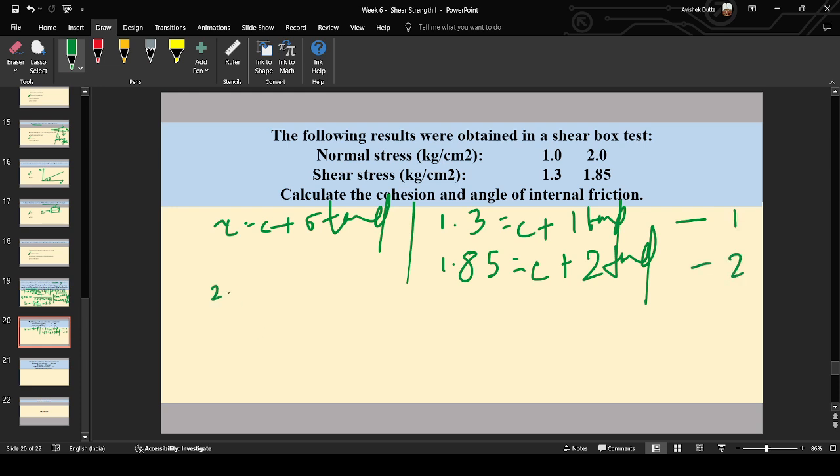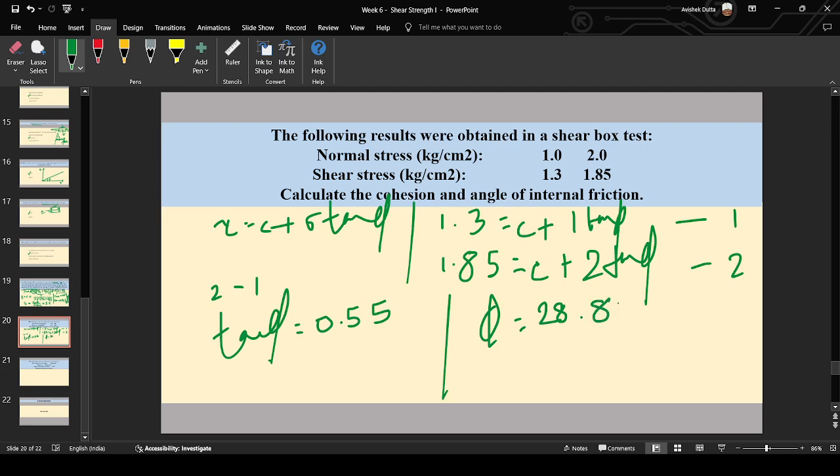Subtracting 1 from 2, we get tan φ equals 0.55, from which we'll get φ as approximately 28.81 degrees.